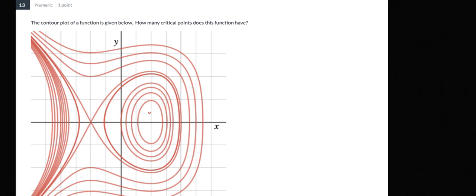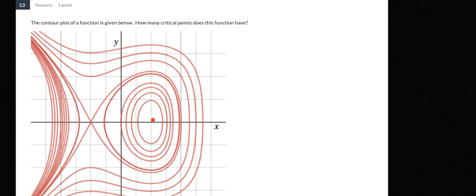So it could be maybe here, and the picture may be looking like this, or it could be somewhere else inside that last contour that's given to us. So this is one critical point, somewhere there, exactly where we can't pinpoint, but somewhere there is one critical point.